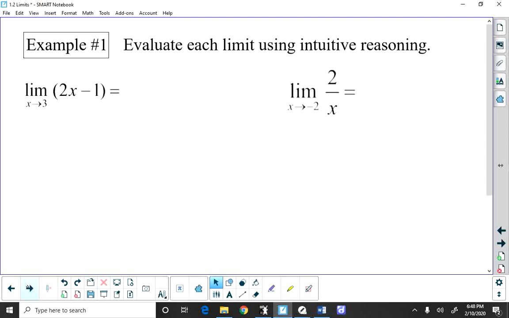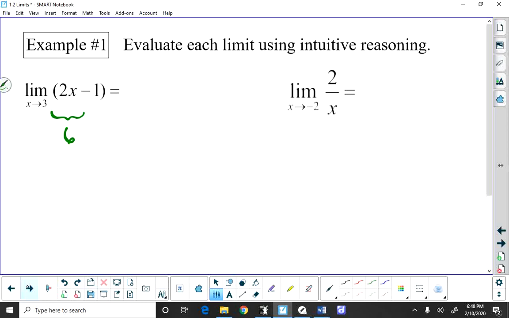We're asked to determine the limit as x approaches 3 of 2x minus 1. So to me, as x approaches 3, it makes sense that 2x will approach 6. Now just think about that for a second. The number that x is getting closer and closer and closer to is 3.